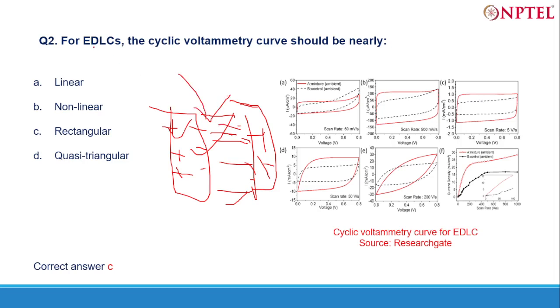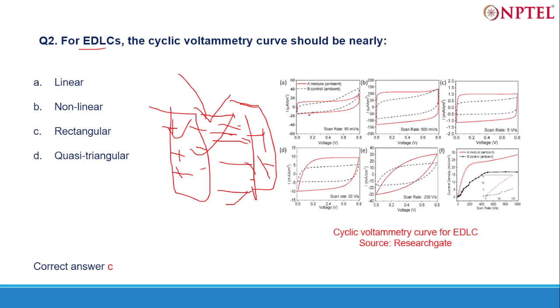So what does it say? For the EDLC, the cyclic voltammetry curve should be nearly. So we need to understand the cyclic voltammetry curve. It is basically the charging and discharging curve we observe in the case of capacitors. What happens when you observe the cyclic voltammetry curve of any EDLC?